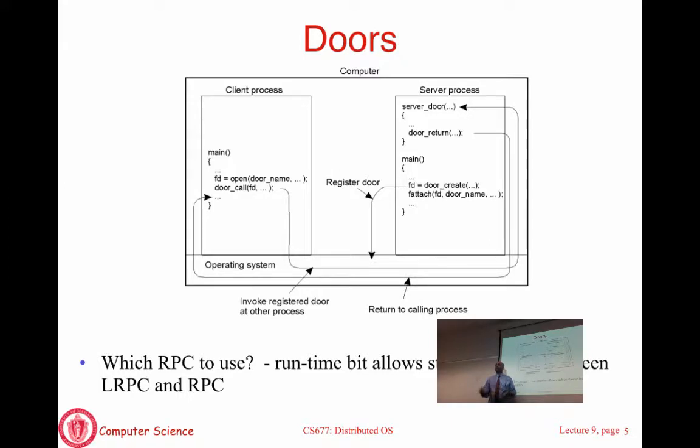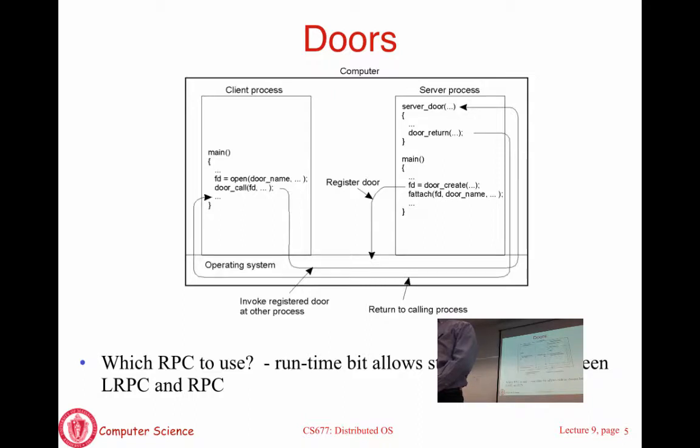When you start the client and when you start the server code, you can pass some configuration bits which tell the runtime system, I know that they are running on the same machine, so use lightweight RPC. So it's not that the code is automatically going to find this out. As a programmer, you just write one code, the same standard RPC code. But when you run it, if you know that they are running on the same system, you basically tell it to use the optimized way. That's all. So some human has to tell the system to do it.